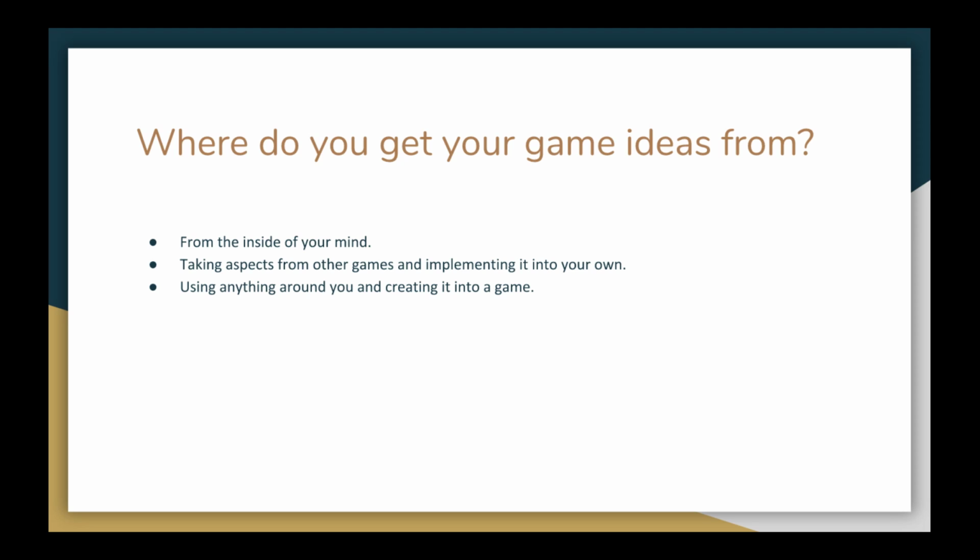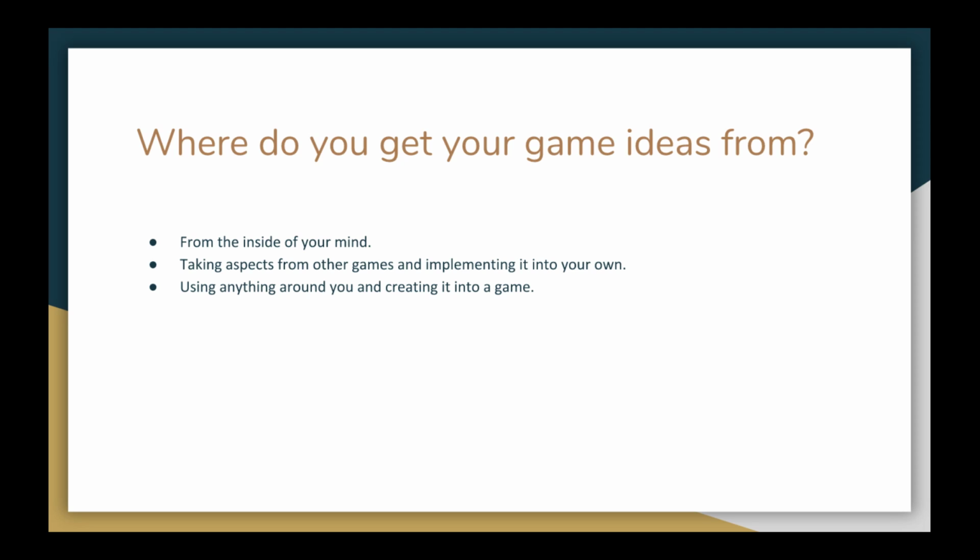Now, that goes into a genre of its own, but it's alright to take aspects from a game, merging it into your own idea instead of just copy and pasting it into your own game.